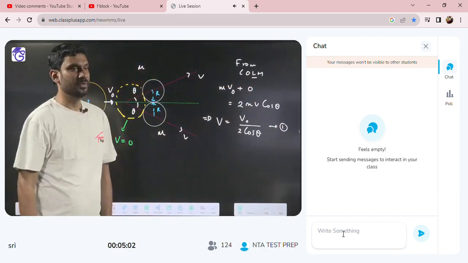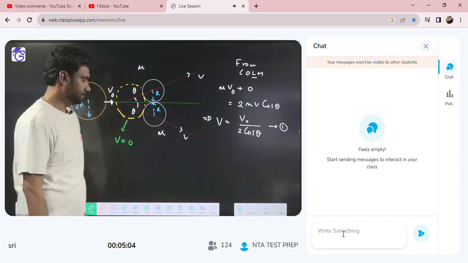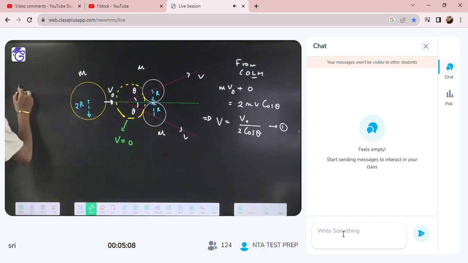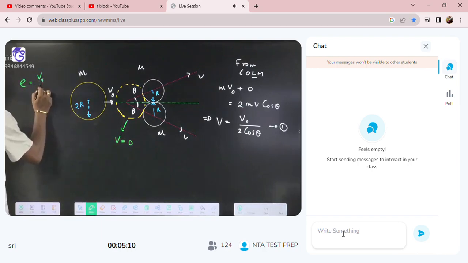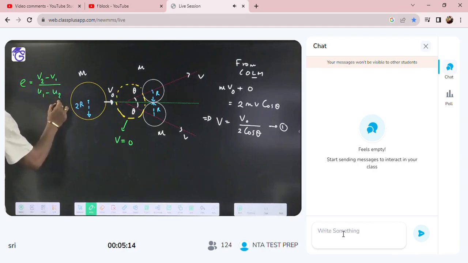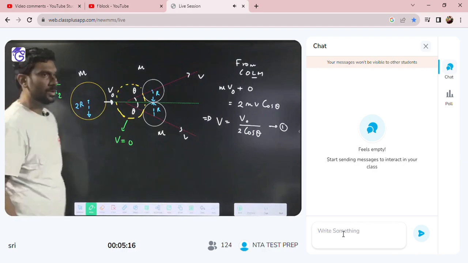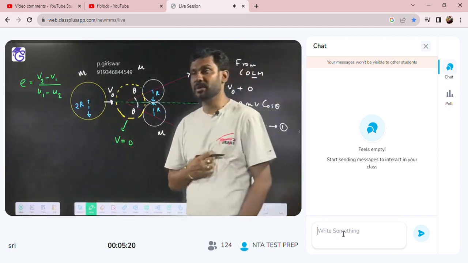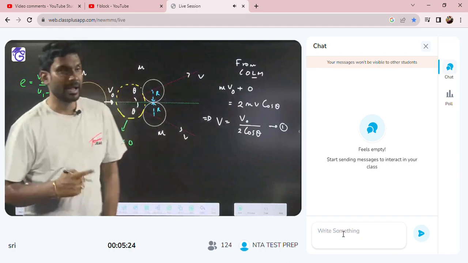Another equation we will get from the equation of e. e is equal to V2 minus V1 by U1 minus U2. But remember, this V2 minus V1 by U1 minus U2, we can apply in which direction?